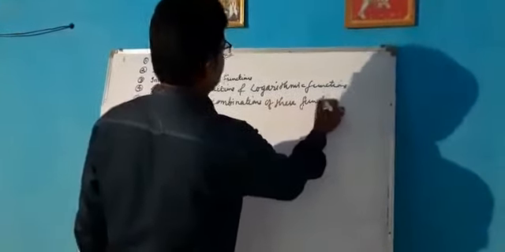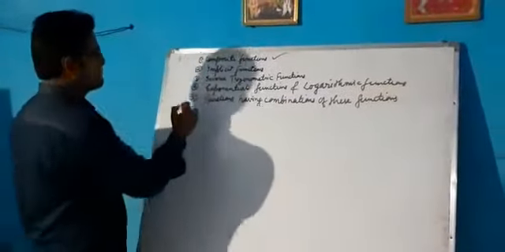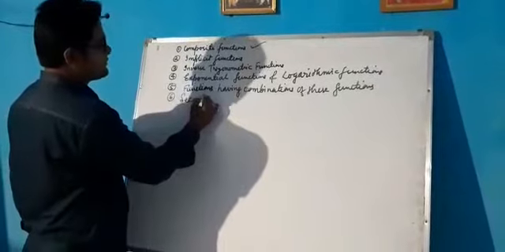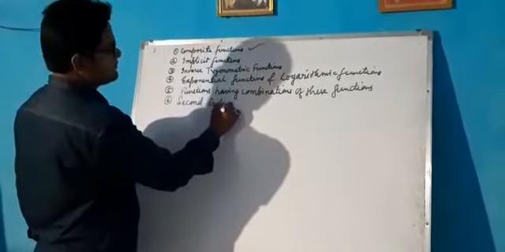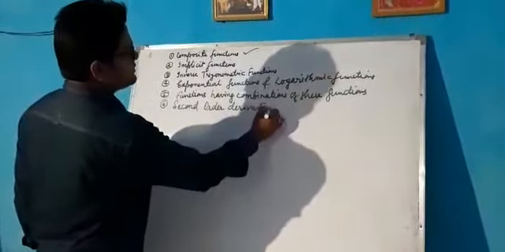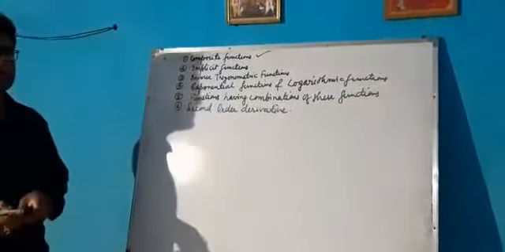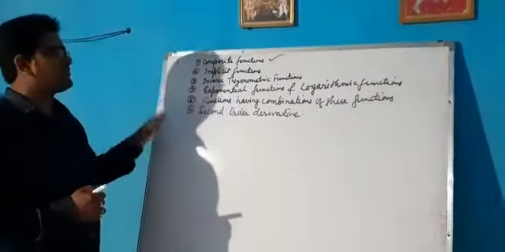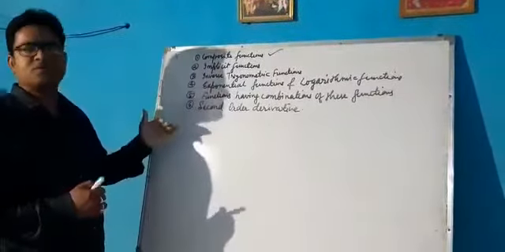Maybe you may have a combination of all these functions. And the sixth one is second order derivative. So my today's target is to discuss all these types of questions and concepts in the video.